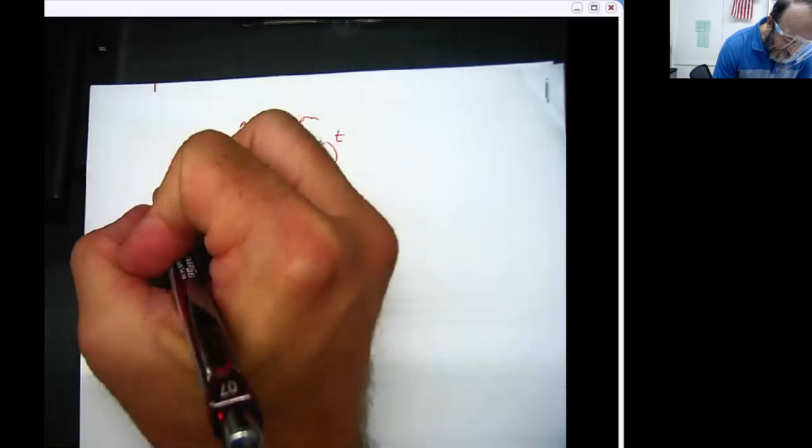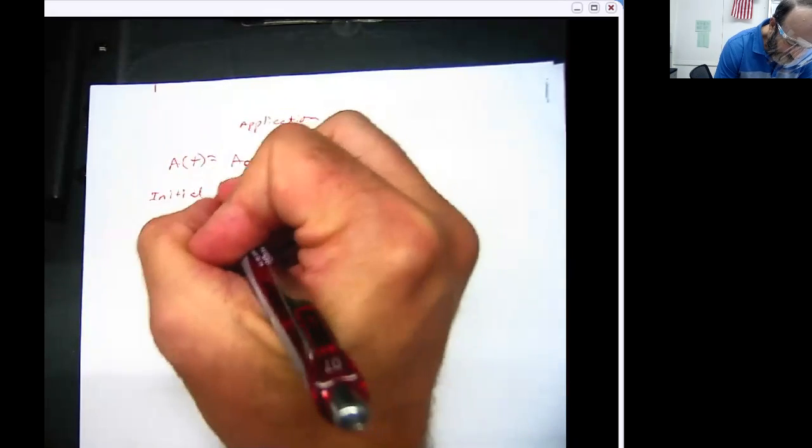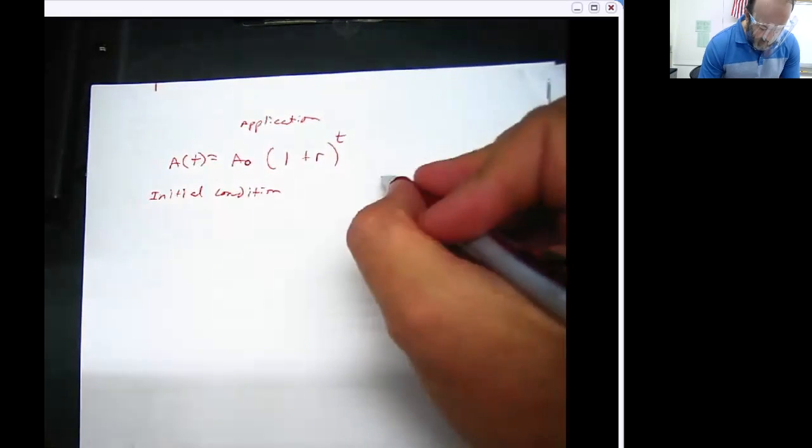So effectively, in each one of these cases, I'm going to give us an initial condition, a percentage, and a frequency out here.